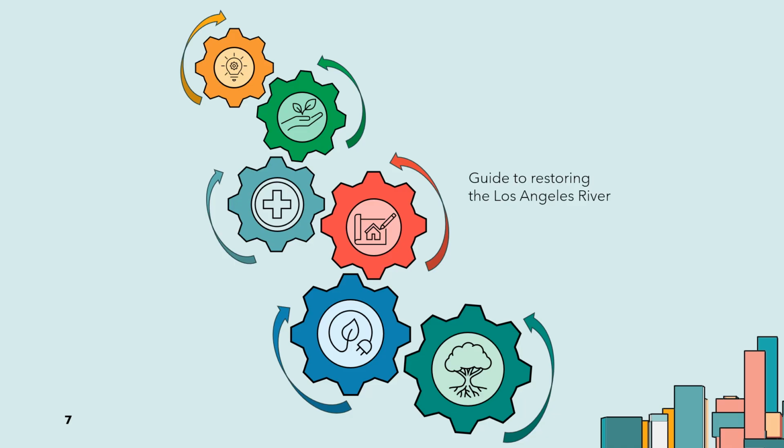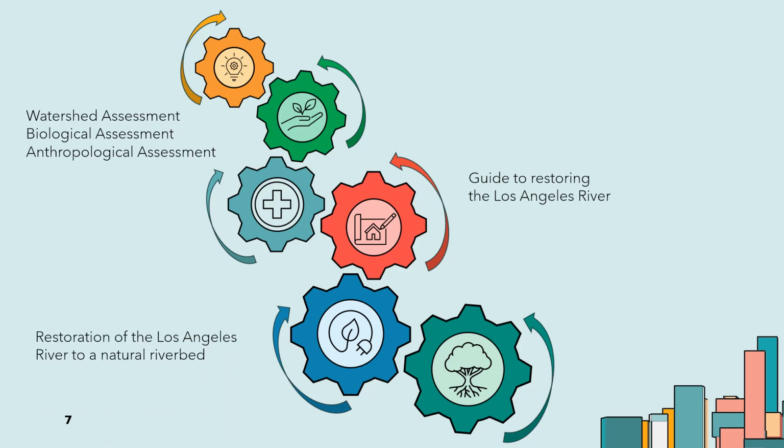So in order to create a sustainable and healthy watershed throughout the Los Angeles River, we need to bring sustainability and human health into the watershed, biological, and anthropological assessments that I will be conducting for this project. By bringing sustainability and health into my assessments, I can create a plan that will build a sustainable environment and a healthy environment.